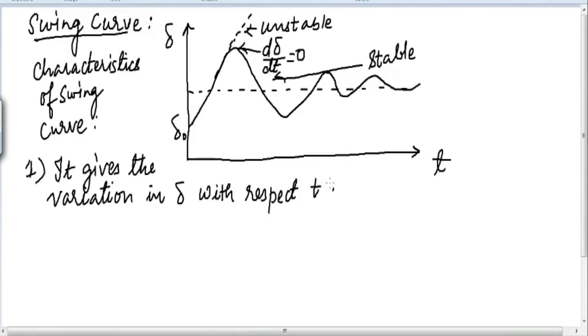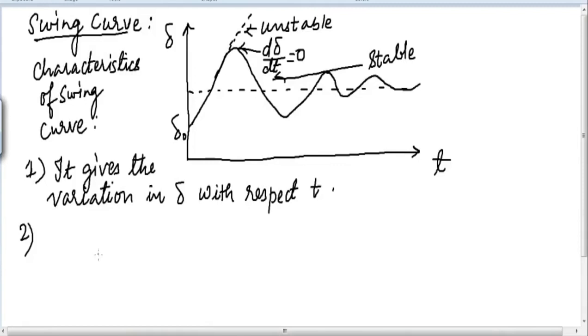So this is the first characteristic of the swing curve. The swing curve also indicates that the rotor shall either accelerate or decelerate when there exists an imbalance between the mechanical input and the electrical power output. So this is the second point.